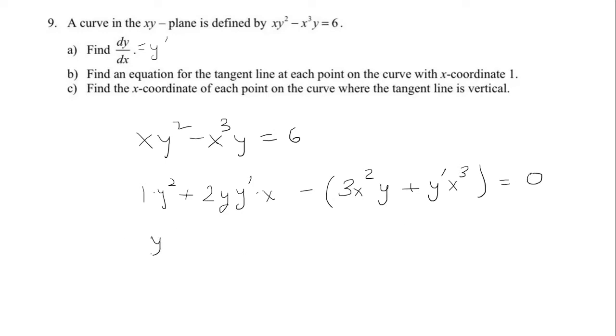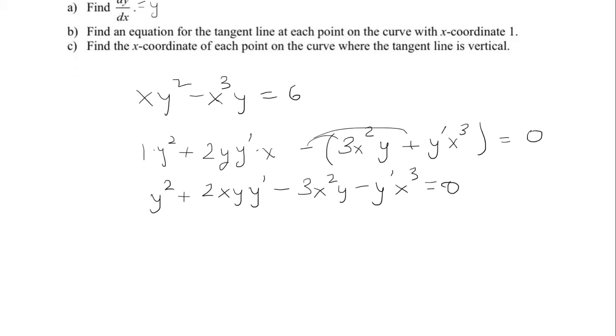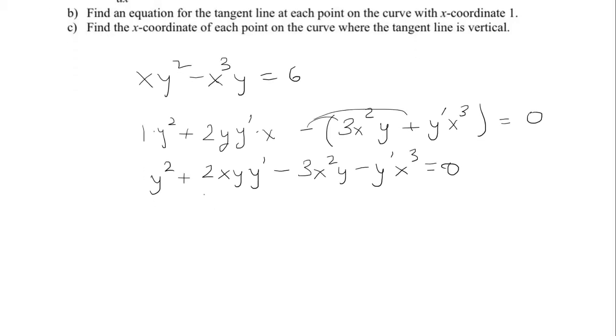So I'm going to simplify. I have y squared plus 2xy y prime. This negative is going to distribute to both. So I want the derivative on one side. So let's see where the derivative is. It's in this factor and this factor. So pull it out.